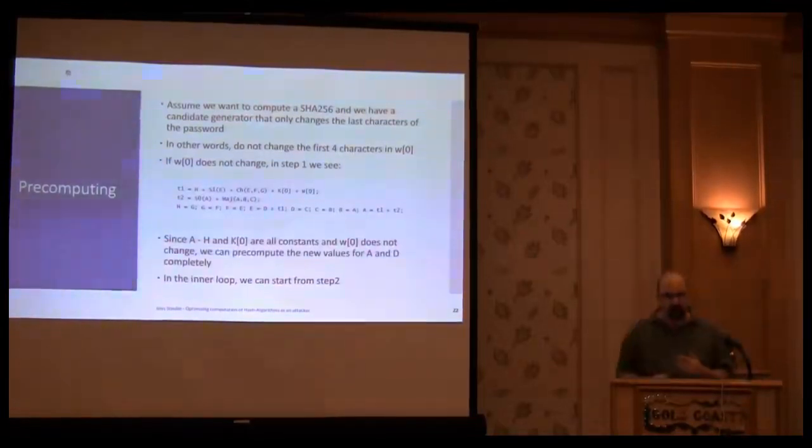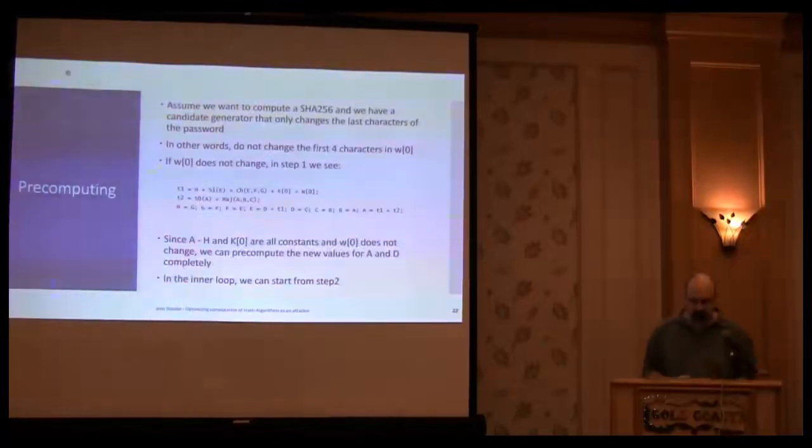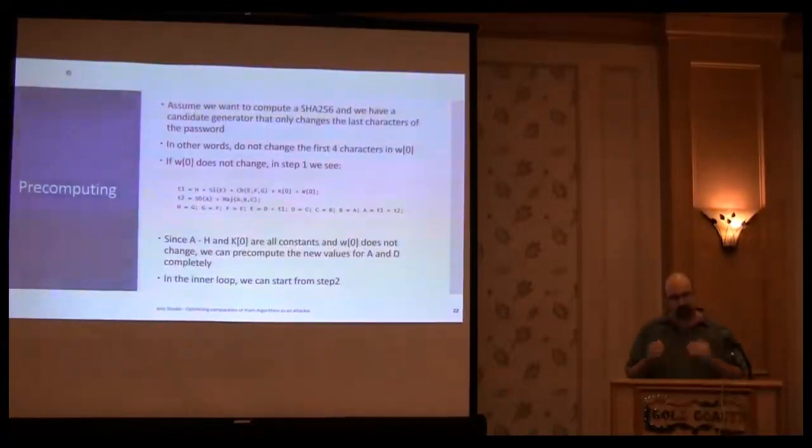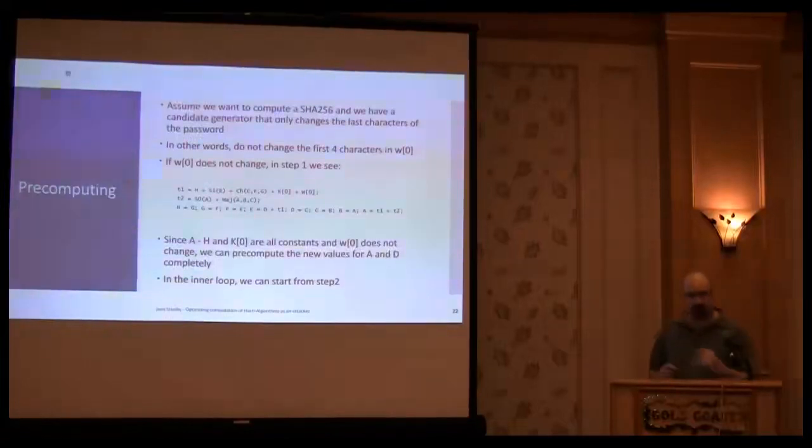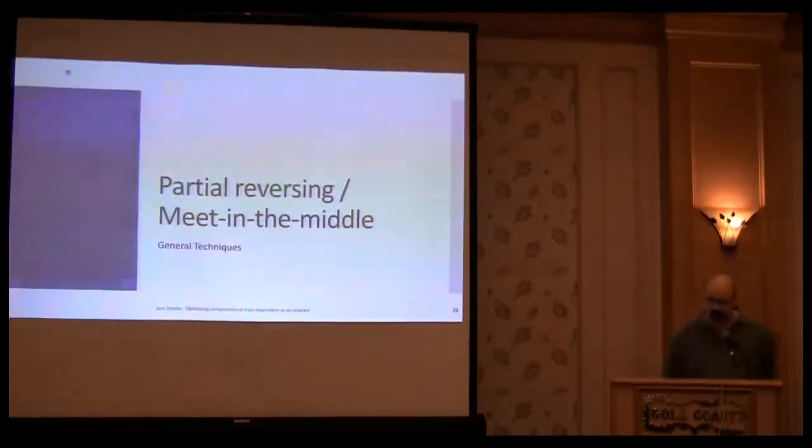And we do not change the first 4 characters in our password candidate generator. So if the first element of that buffer stays constant, and you know that A to H are constants again, K0 is a constant, and W0 does not change, we can pre-compute that step completely. So we do not need it in our outer loop. So we can start from the second step.